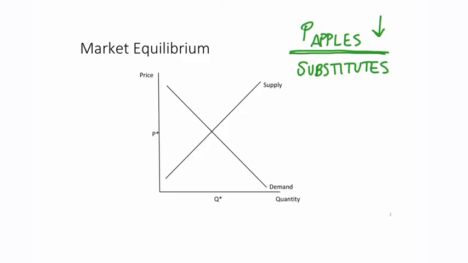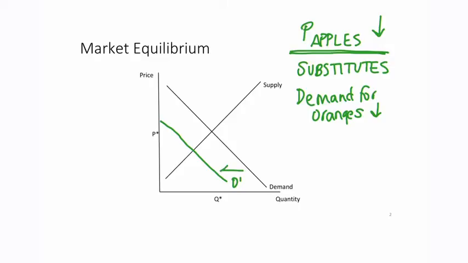So we know that consumers will now demand more apples and less oranges. So with the price of apples falling, the demand for oranges is going to decrease as people consume more apples. So what we observe, therefore, in our market is the demand curve shifts in or to the left.